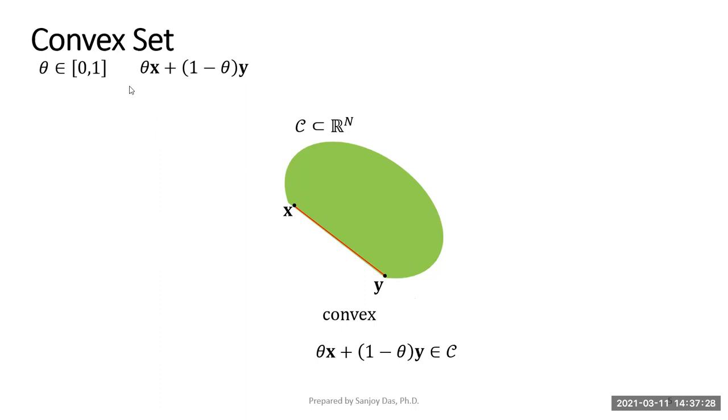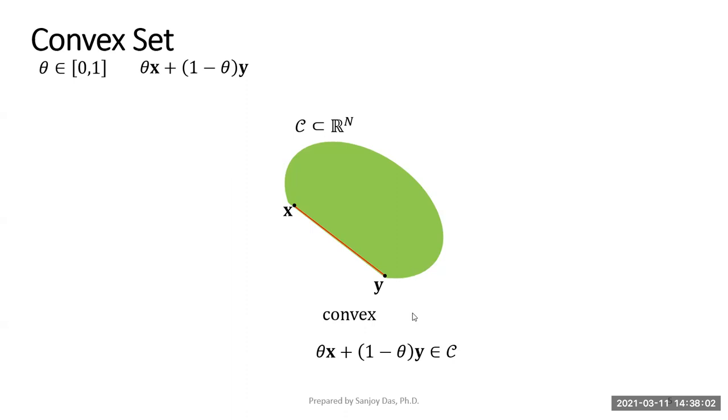Then the convex combination of them must lie in this straight line connecting them, that's the red line, correct? And if any convex combination of x and y, as long as x and y lie in the region C, also lies in C, then we say that the region C is a convex region or a convex set.